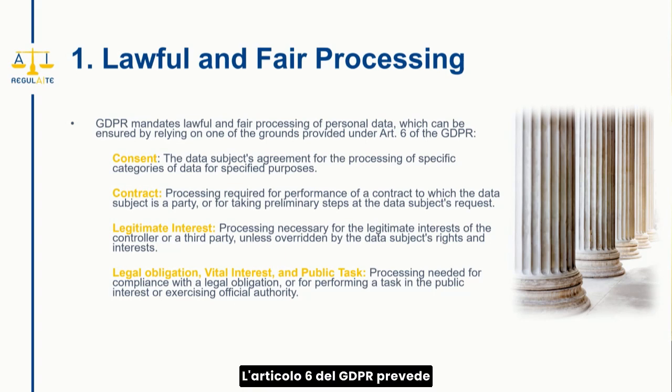Article 6 of the GDPR provides and regulates 6 legal bases. The first one is consent, which means that the data subject should consent to the processing of their data, and we will analyze this ground a bit later.